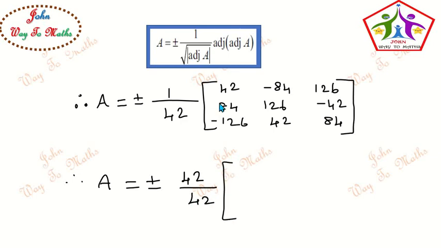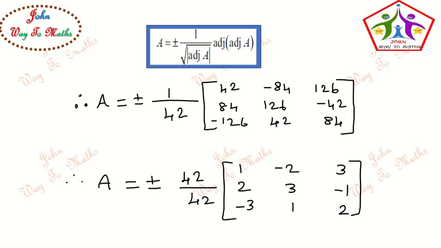Then the matrix is 1, minus 2, 3, 2, 3, minus 1, minus 3, 1, 2.